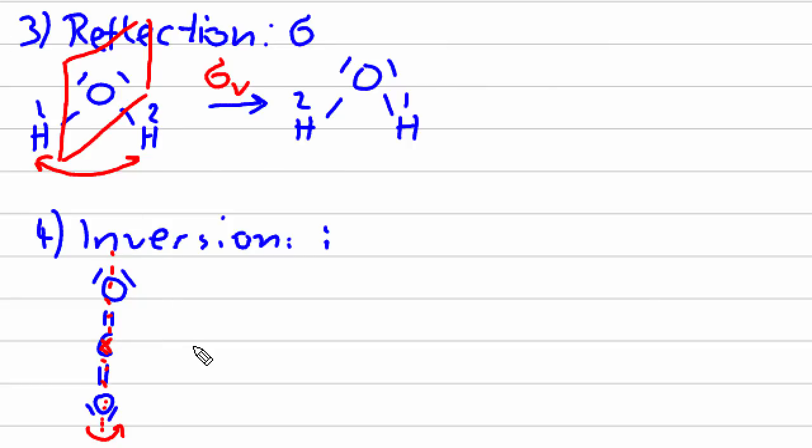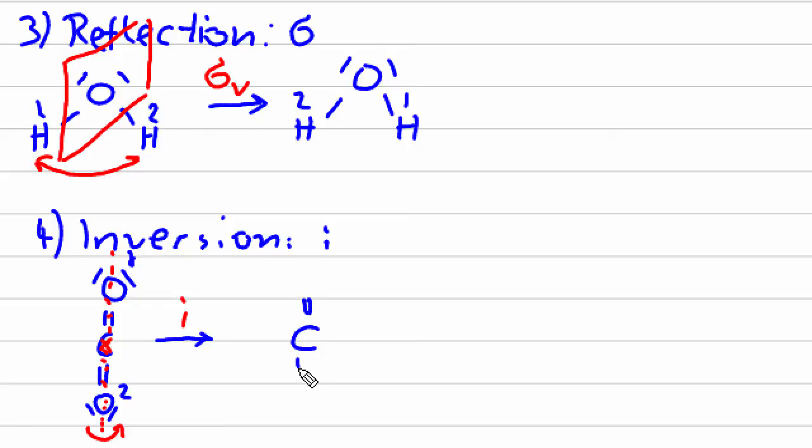And now let's see what happens if we apply this inversion symmetry operation just around this carbon atom. So also here, in order to make sure that you know what I'm doing, let's give this oxygen atom a 1 and this oxygen atom number 2 as an index and see what happens. Okay, carbon won't change its place because that's the inversion center, so nothing will happen to the carbon atom.